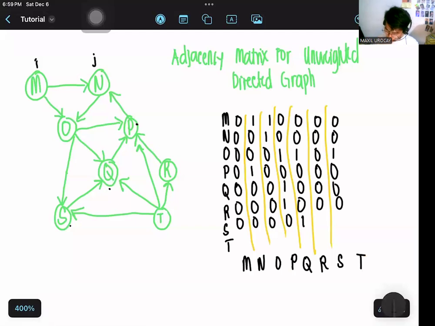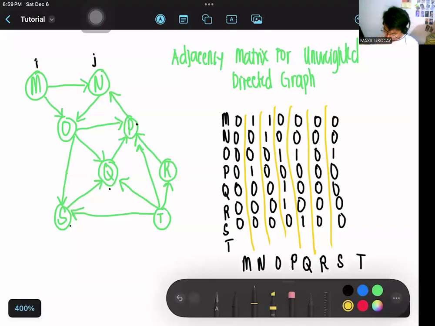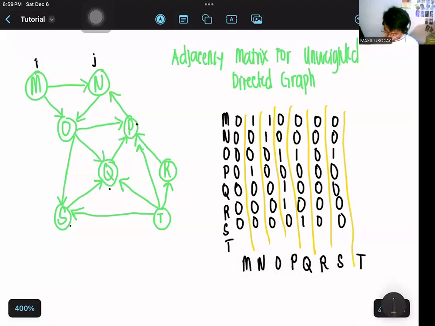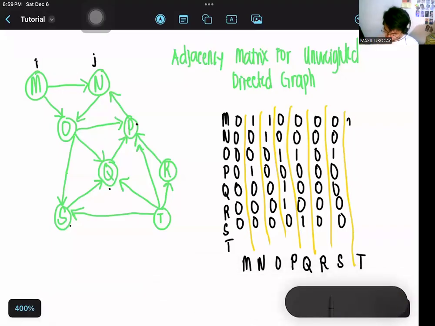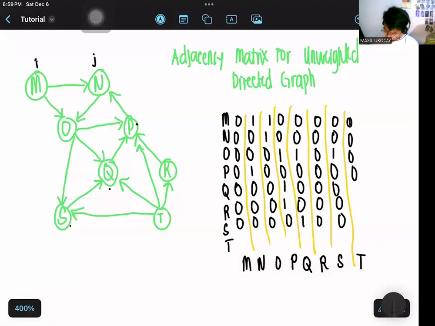Okay. Now here you have to mark everything as 0. For T, it will be marked as 0 still because there's no connection going to T.